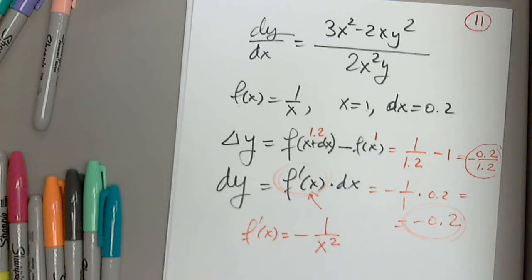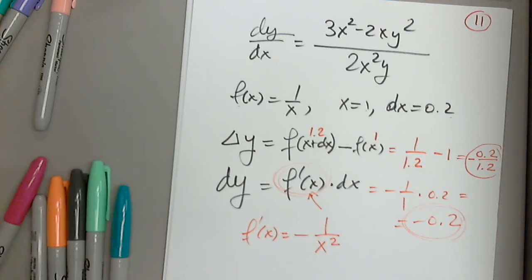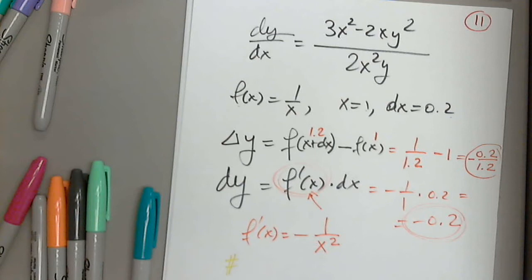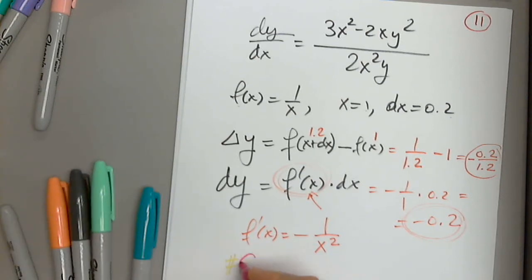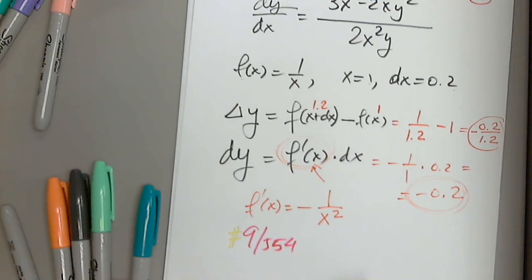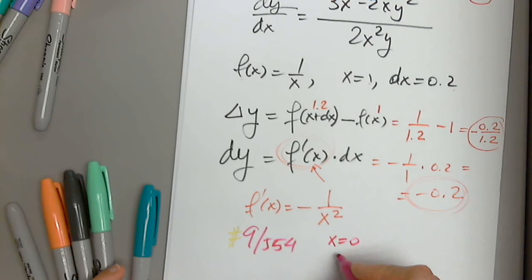Just do it, we got this one. Okay, I just want to use the time for what you want. So let's look at number 9 on page 554. And we are given number of years since 1997. So x equals 0 is 1997.